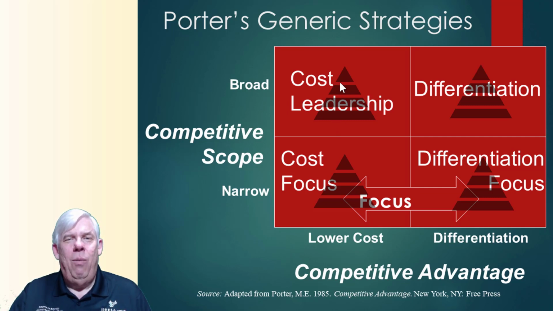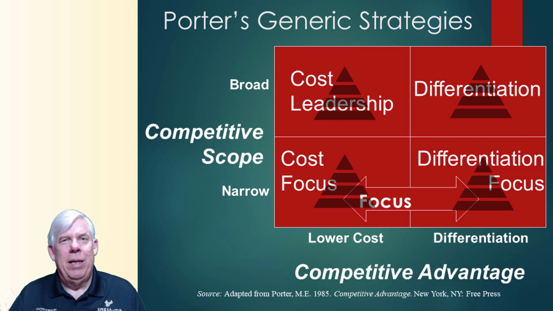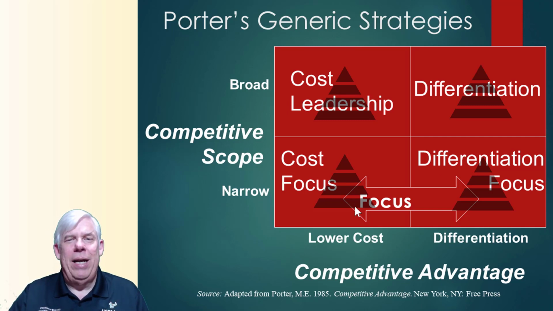And what you do not want to do is get caught in the middle, where you do not have a clear quadrant, where you try to differentiate a little bit, but you also want cost leadership, because he believes that those strategies that exist in the middle are not sustainable. So you can think of each one of these quadrants as having a fitness peak.